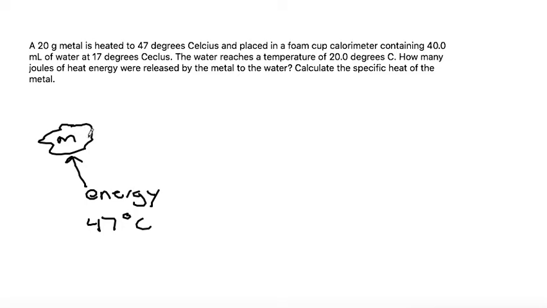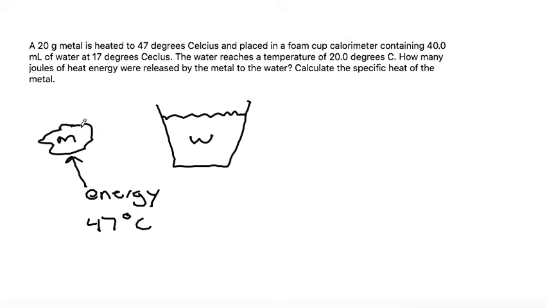Then we take this piece of metal and put it into a foam cup calorimeter. A foam cup calorimeter just means a cup that is styrofoam, so it's insulated from the environment, and it has 40 milliliters of water in it. I'll label this as W for water.